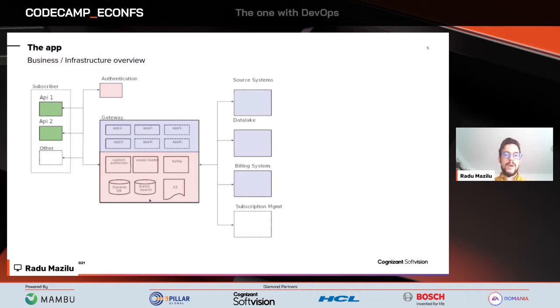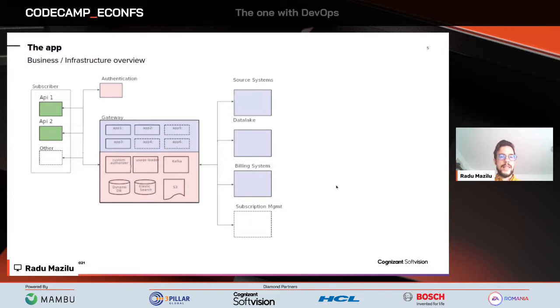This is what we built, and in the back you have the source system, the internal APIs, a data lake, the billing system, subscription management, and whatnot. These are internal resources that need to be protected from the outside world. So this is where we come in.